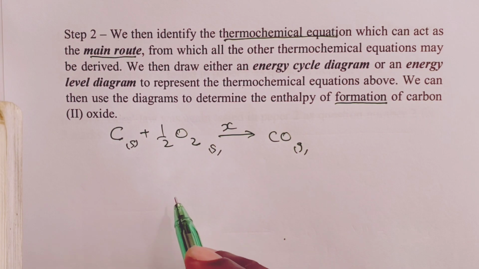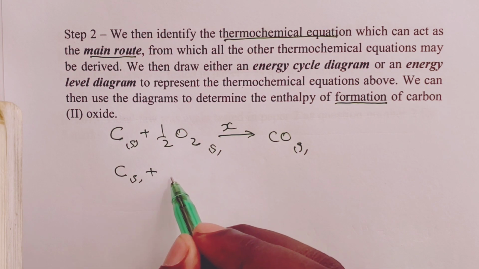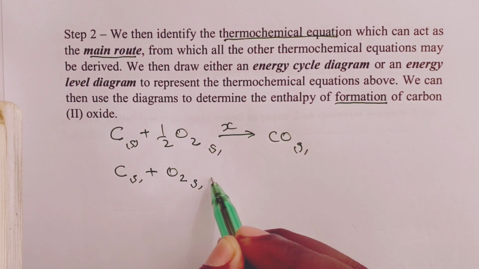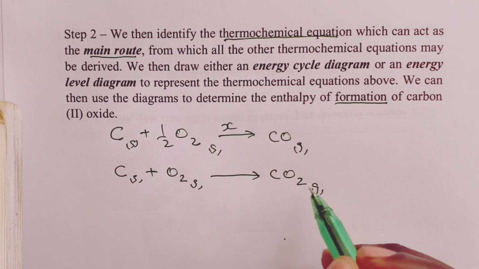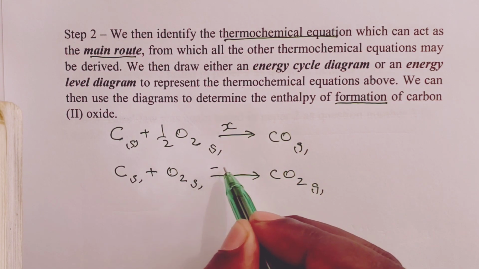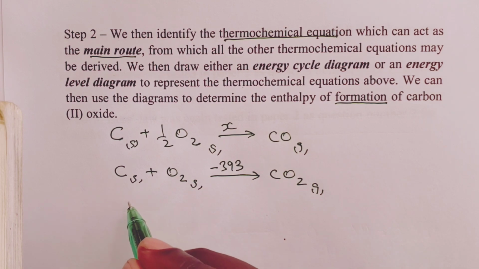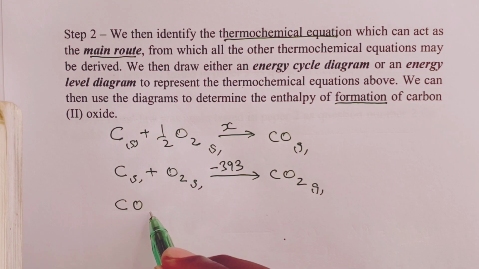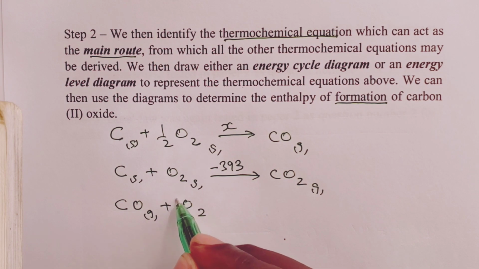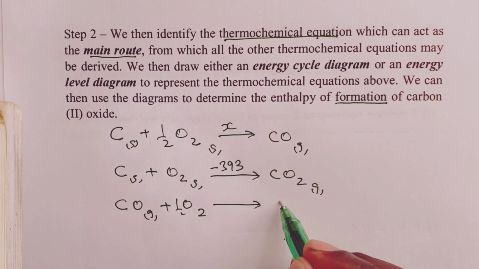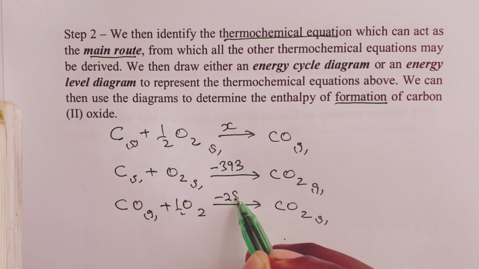Let's call it X. We had the enthalpy of combustion of carbon, and the amount of heat involved here was given as negative 393 kilojoules. Finally, we had the enthalpy of combustion of carbon(II) oxide, and the amount of heat involved for the change was negative 283.